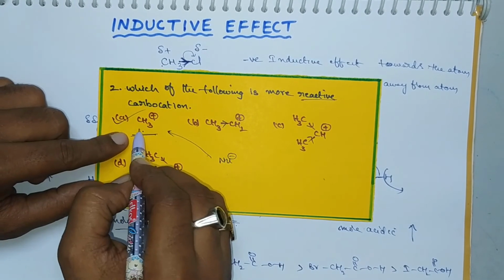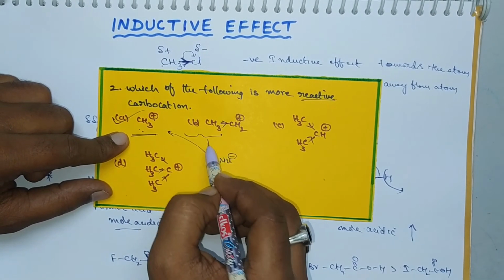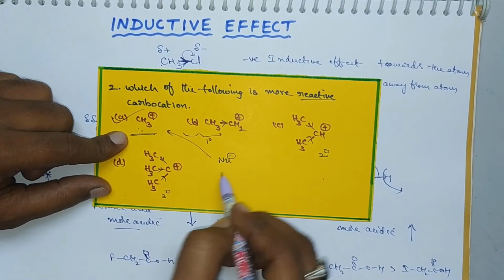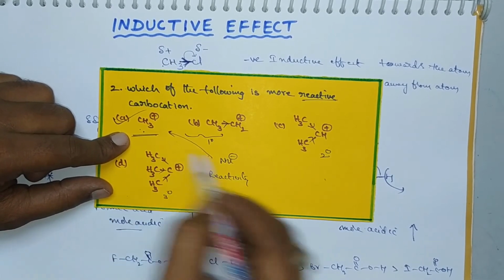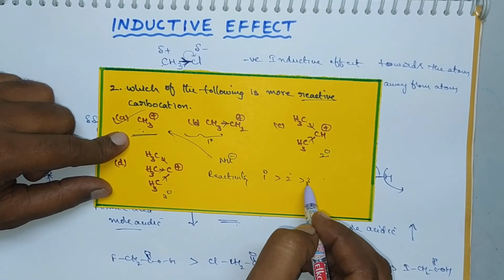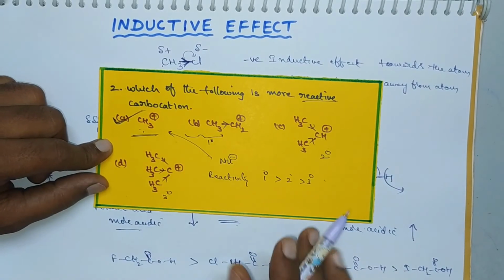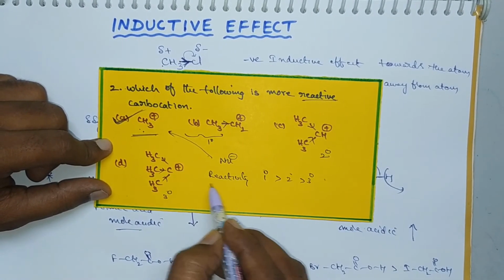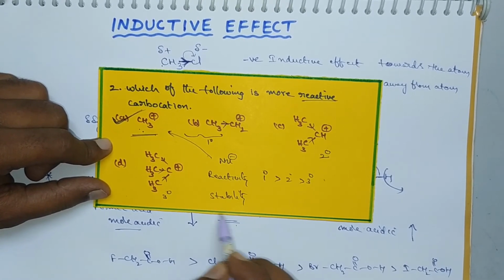So here it is primary, it is also primary. So these two are primary. This is secondary carbocation, this is tertiary carbocation. So what is the reactivity order? The reactivity of carbocations is primary more than secondary and more than tertiary. Okay, so among these the option is A. So the reactivity order is like this. You know very well the reactivity is inversely proportional to stability.